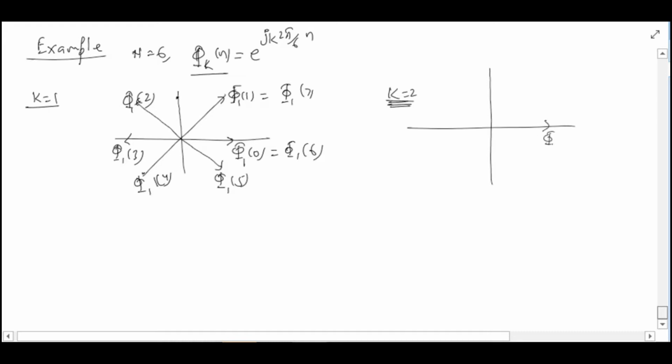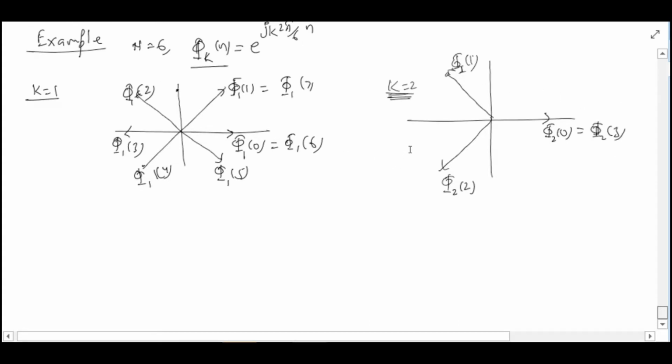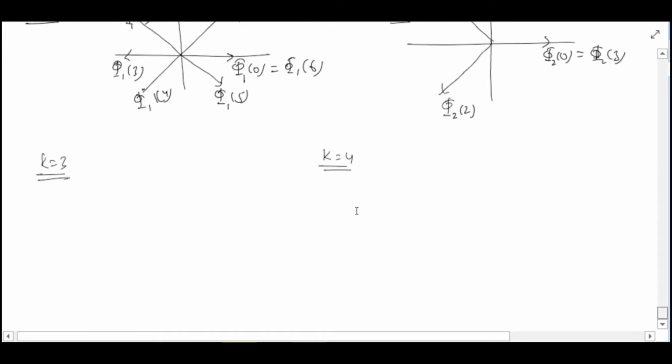Here I have phi 2 0, then phi 2 1, and phi 2 2. Phi 2 3, because of periodicity, will be the same as phi 2 0. Similarly, I can write complex exponentials for k equals 3 and k equals 4 as well. I leave those as an exercise.